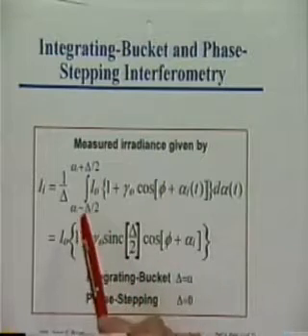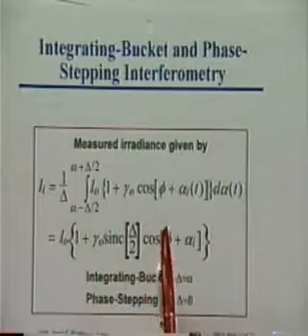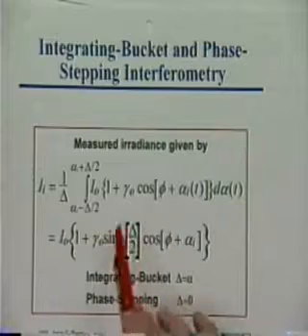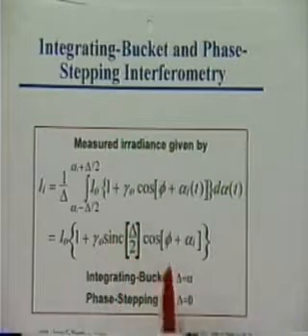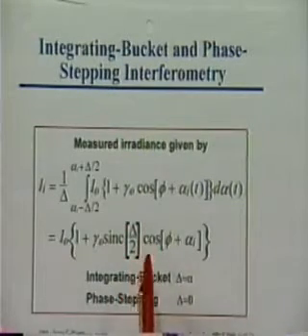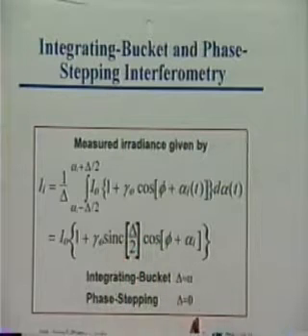But as long as we're only integrating as the phase changes by 90 degrees, this sinc here is not going to change very much. And so the end result is a small reduction in contrast, but not very much.